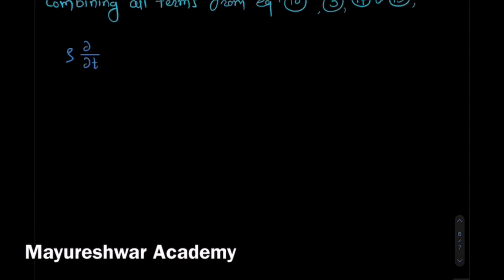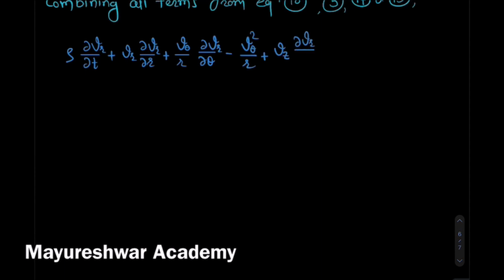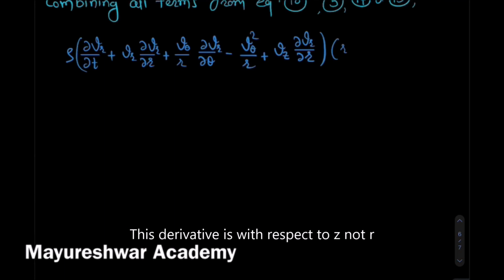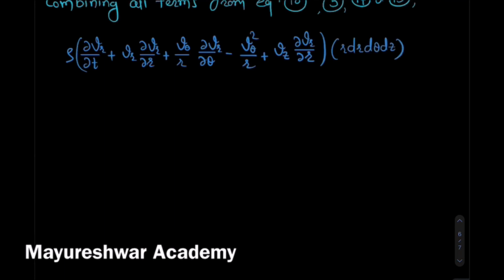So we have rho dvr dt plus vr dvr dr, so these are convective terms now, plus v theta over r dvr d theta, minus v theta squared over r, plus vz into dvr dz, into r dr d theta dz.